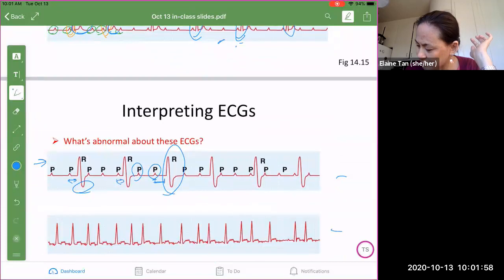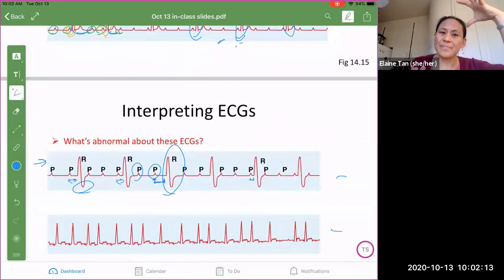So the QRS complex isn't happening at the same time after each P wave, which means that basically the atria and the ventricles aren't communicating with each other, okay?